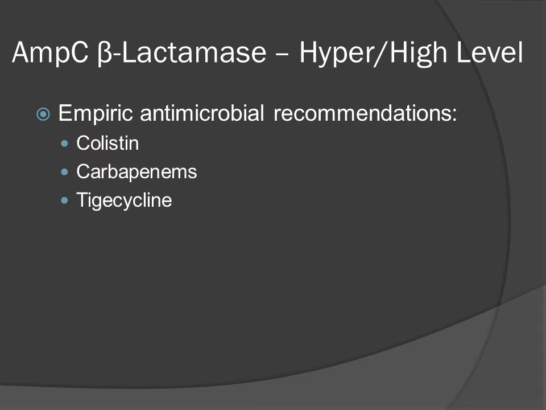So while it may be an option, it's not an option if a patient has bacteremia, an endovascular infection, a UTI, or bacteriuria. It just does not stay in the serum, and it does not concentrate in the urine. If you're going to use carbapenems for empiric therapy, you have to use higher dosing. So meropenem 1 gram doses, or 2 grams if the organism is isolated from the CSF.